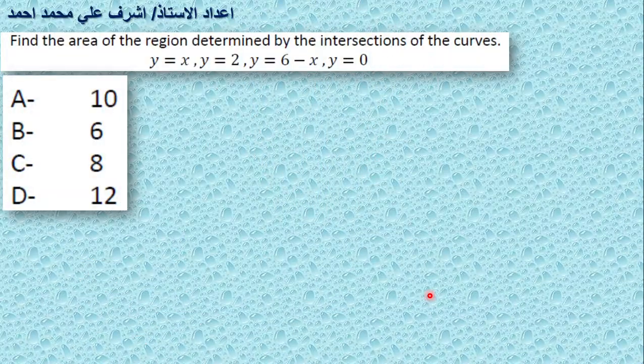Next, find the area of the region determined by the intersection of the curves y equals x, y equals 2, y equals 6 minus x, y equals 0.